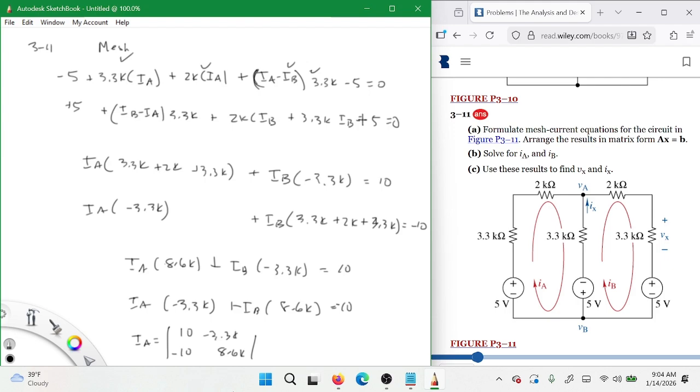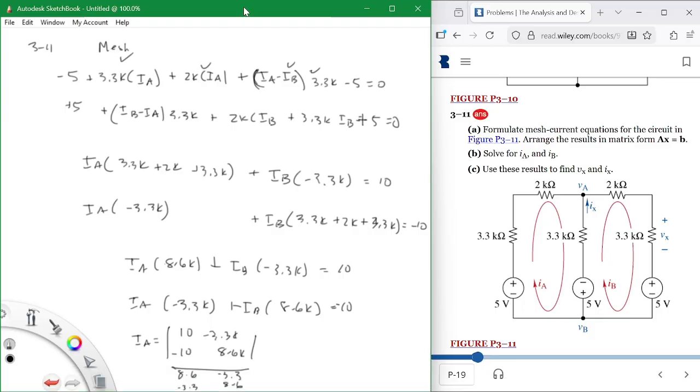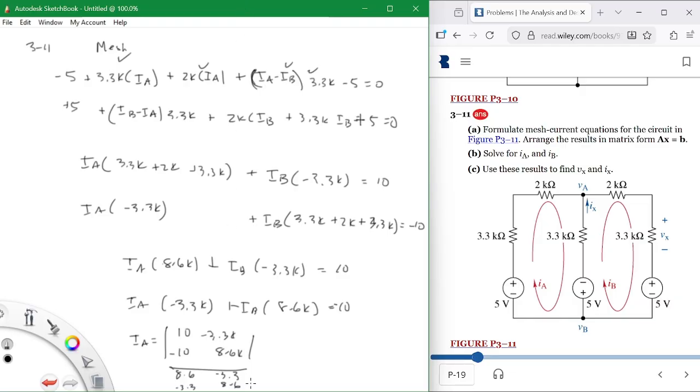So basically all you got to do is multiply 10 by 8.6K, 10 times 8.6, excuse me, minus 10 times 3.3.